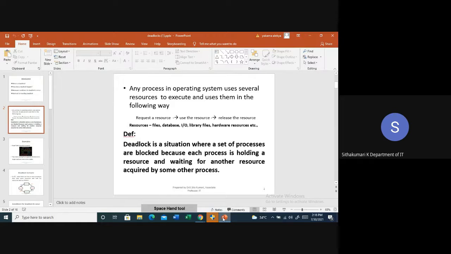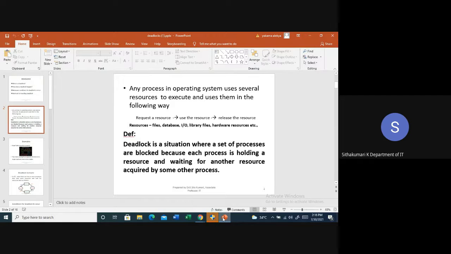First, it has to request a resource, then it can use the resource, and after using it, it has to release the resource. If a request cannot be granted immediately, it has to be put in the waiting state.